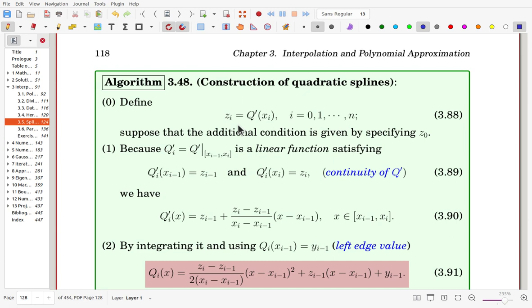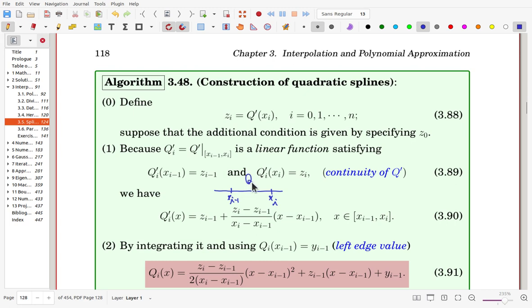Then, for the quadratic spline, its derivative must be locally linear and continuous, so that for the derivative function q_i prime, for each subinterval, that is x_{i-1} to x_i.